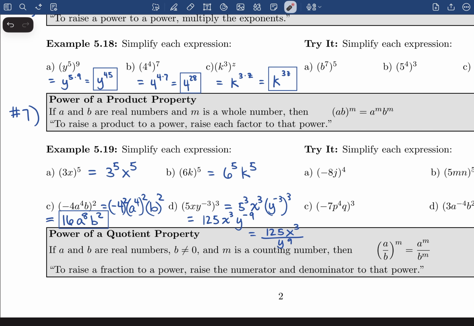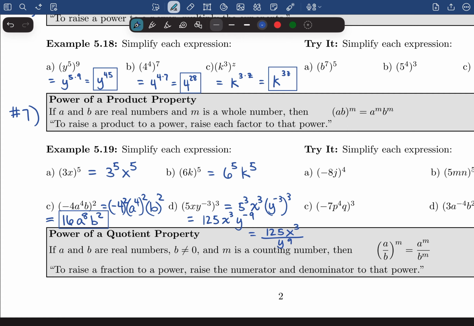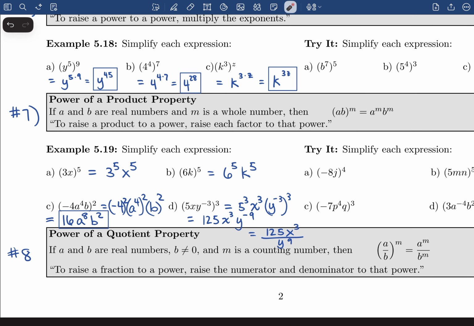Next, we have an eighth property, the power of a quotient property. This is number 8. It's very similar to the one we did up here, the power of a product property. But instead of multiplying bases together, we're going to see that we're dividing bases.